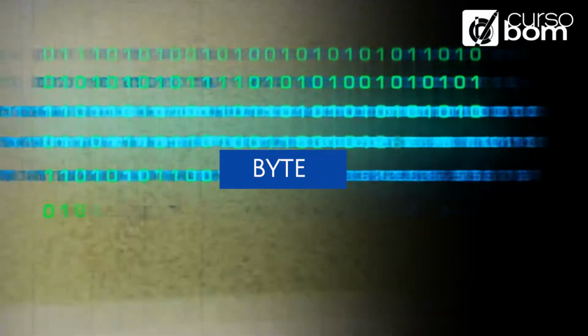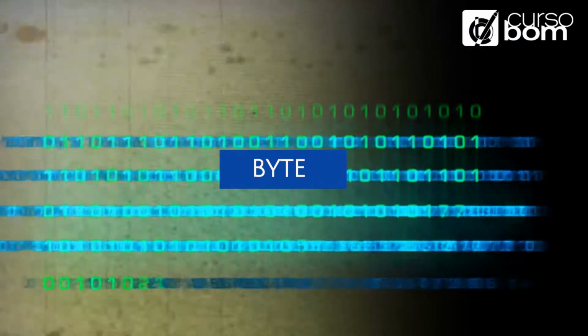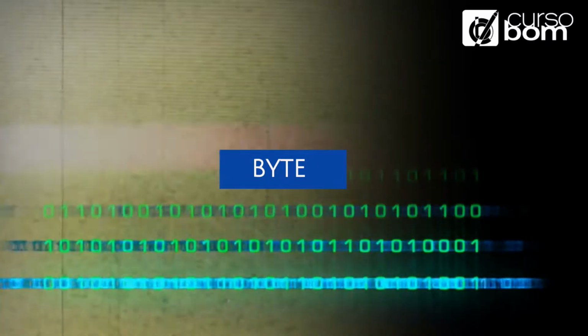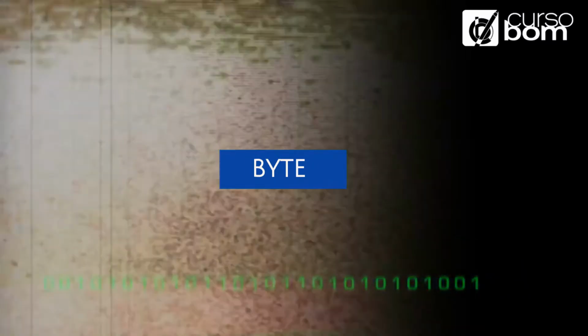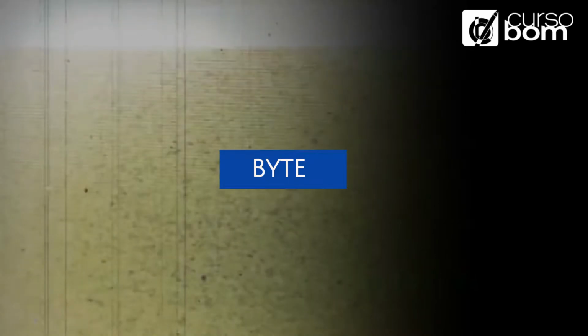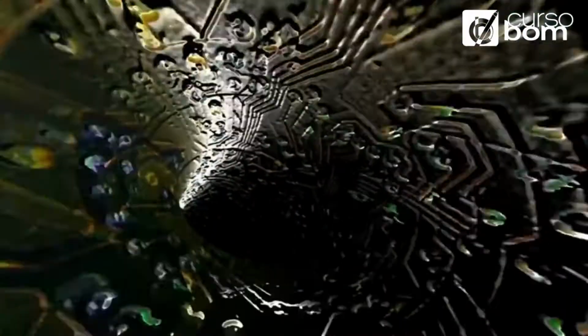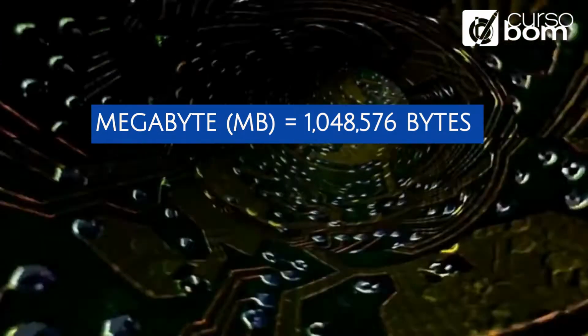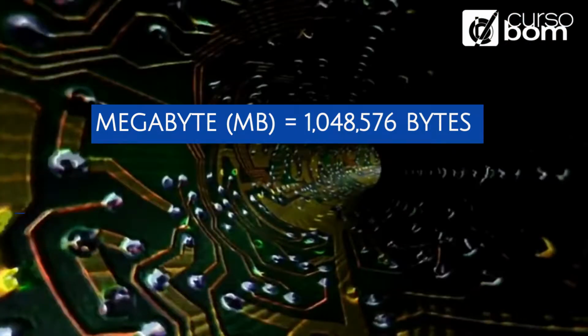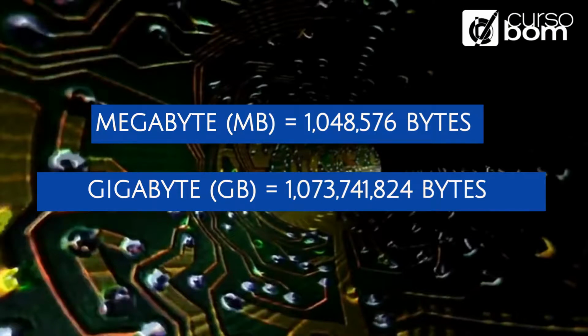But what you probably heard more about is byte. 1 byte is equivalent to 8 bits, so it carries more information than a single bit. The storage capacity in a computer is measured in multiples of bytes. Megabyte, approximately 1 million bytes. Gigabyte, equivalent to 1 billion bytes, and so forth.